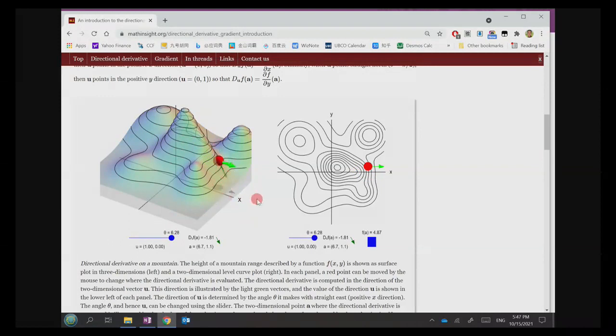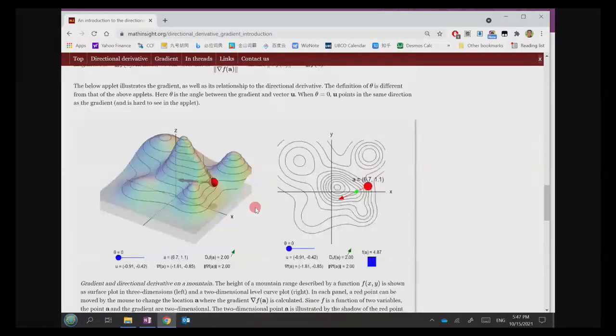Then the next graph shows you both the gradient vector, the red one, and the directional derivative plus the U hat vector.